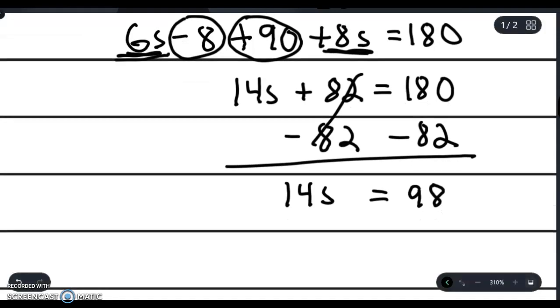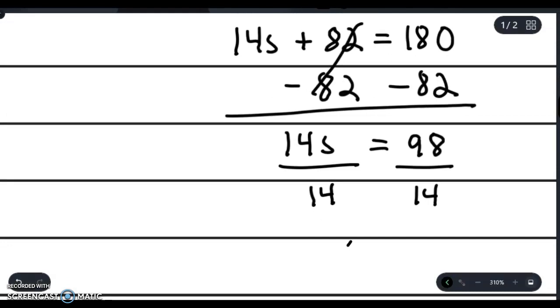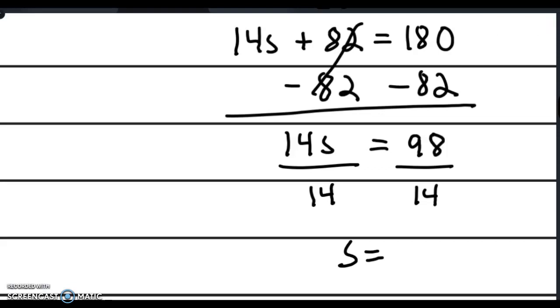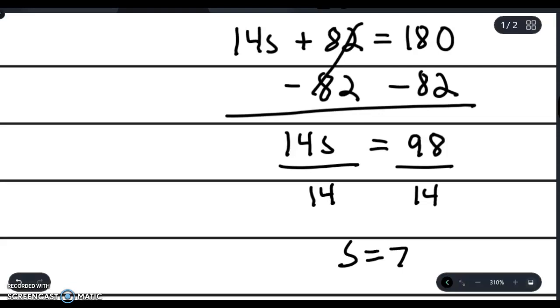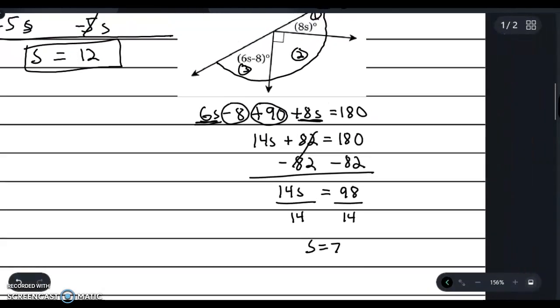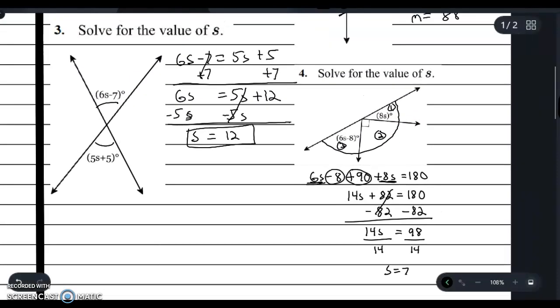Now we're going to divide. That's what I was telling you earlier. Divide that coefficient and you have S is equal to 7. And again, we don't have to plug this one back in. We can stop right there.